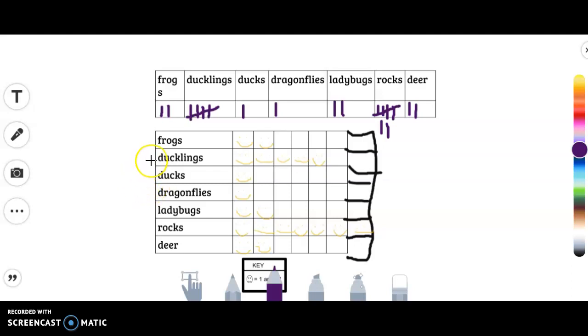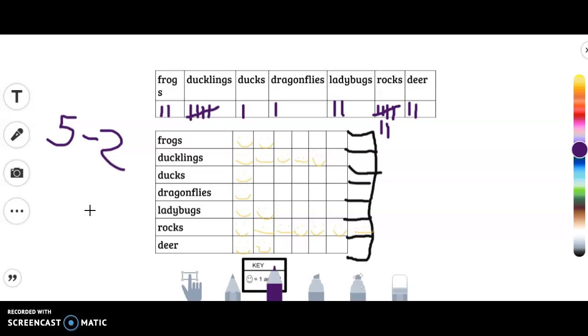Okay, how many more ducklings are there than frogs? To answer this question, I'm going to look at ducklings and I'm going to look at frogs. So ducklings and frogs have the same right here. So how many more ducklings are there? 1, 2, 3. Or we could have said, okay, I have 5 ducklings and I have 2 frogs. 5 minus 2 is 1, 2, 3.